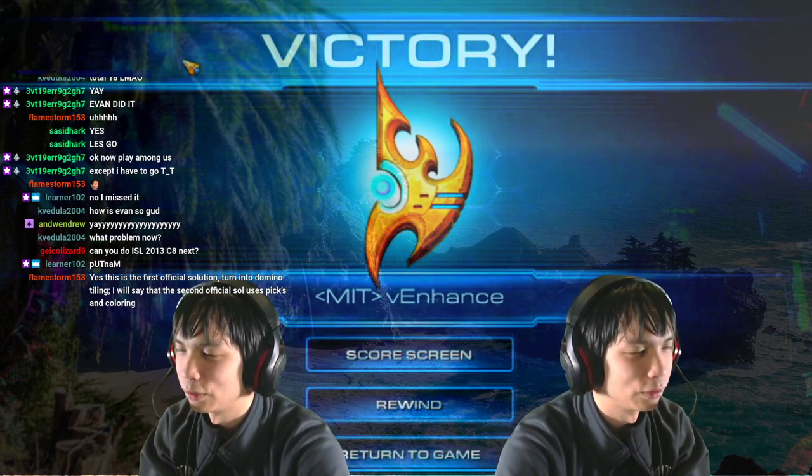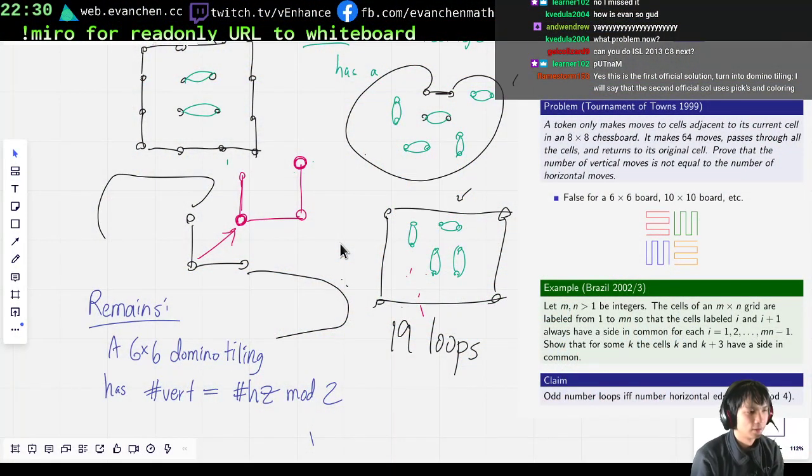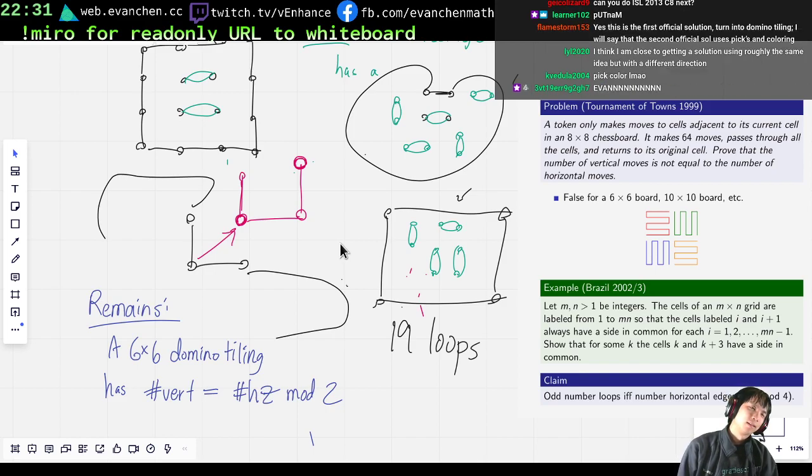The second official solution uses Pick's theorem and coloring? I hate it. You use Pick's theorem? Are you kidding me? You actually can use Pick's theorem? It tells you that the area inside the loop is constant. I see.